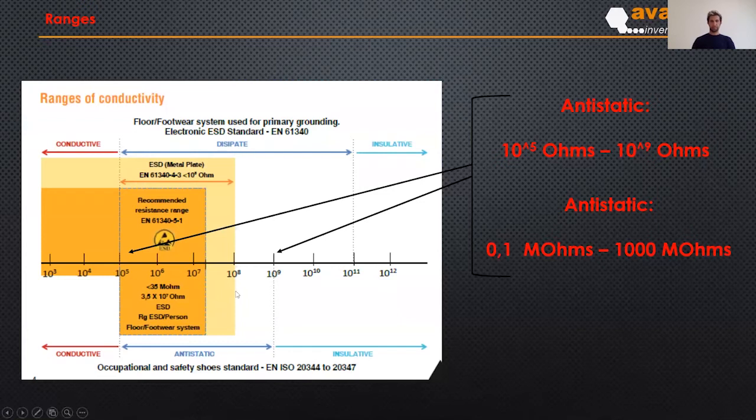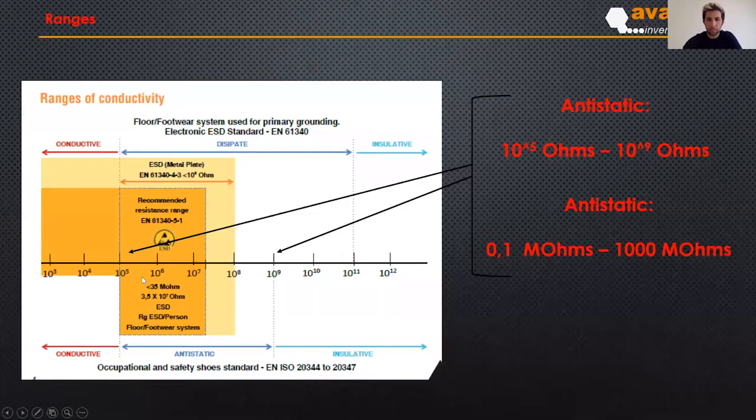Okay, inside of this antistatic area, there are at least one or two areas that people talk about. For example, there are people that talk about ESD material. ESD material is a material that has a conductivity better than a standard one. It's a range inside of the antistatic, but it is better than the general antistatic.